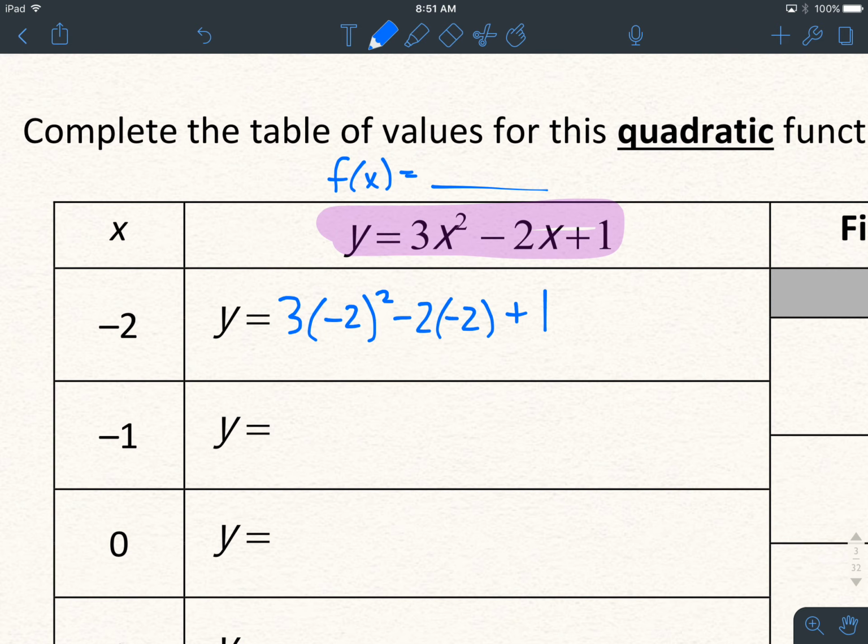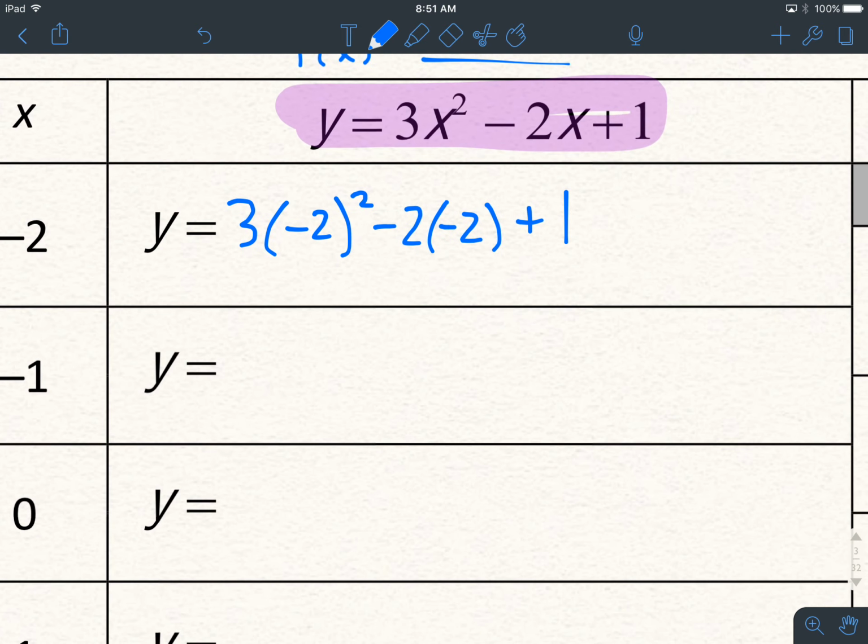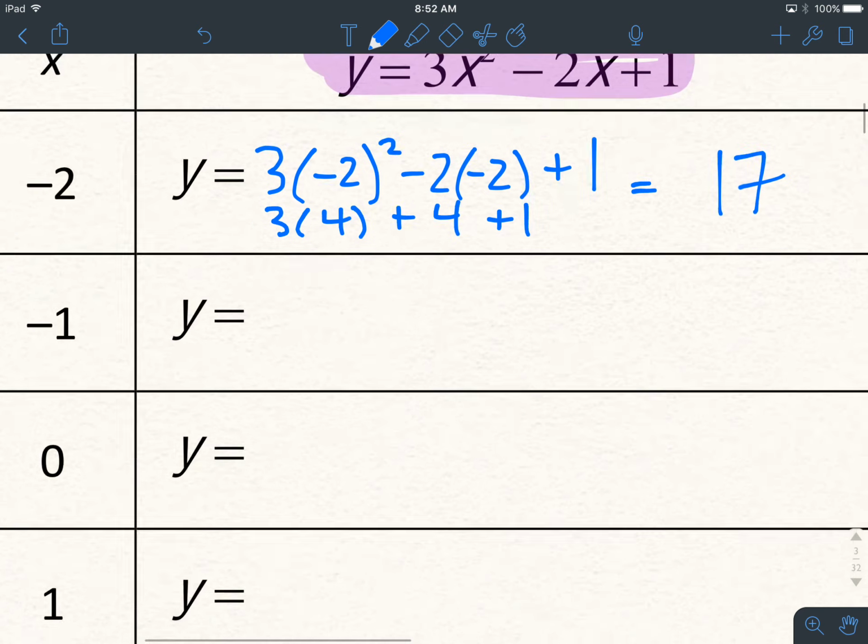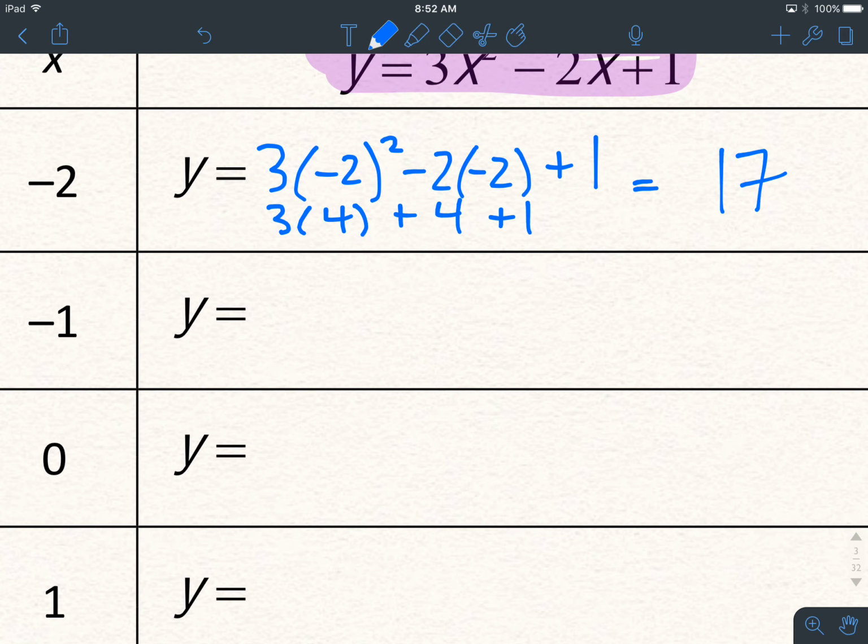I'm definitely going to run out of room here. All right, let's see if we can do most of this in our heads. So here we have 3 times 4, and that's plus 4, and there's a plus 1. So 3 times 4 is 12, 12 and 4 is 16, and another 1 is 17. So there you go. Let's try the next one. I'll write that a bit higher up there.